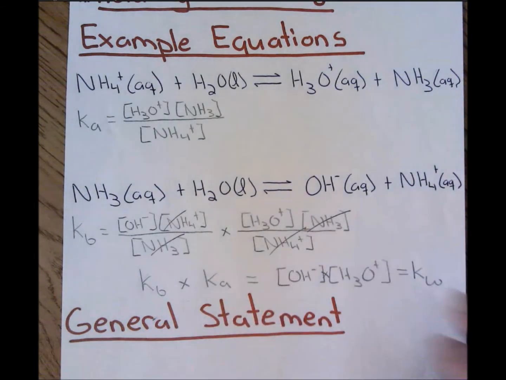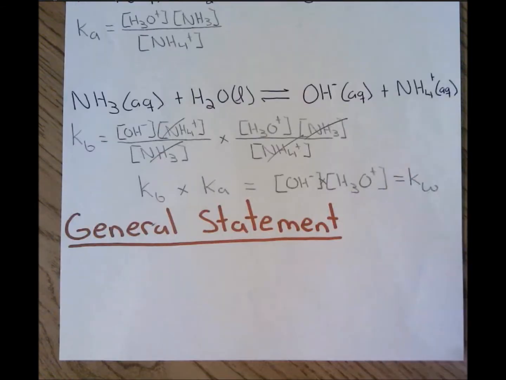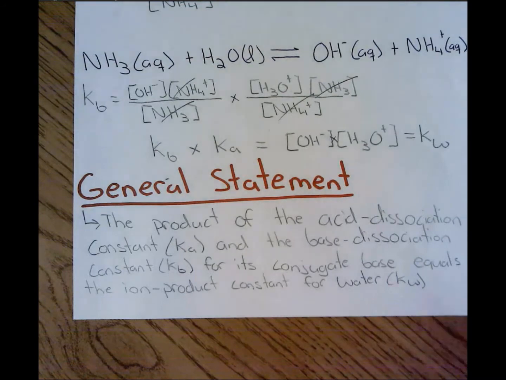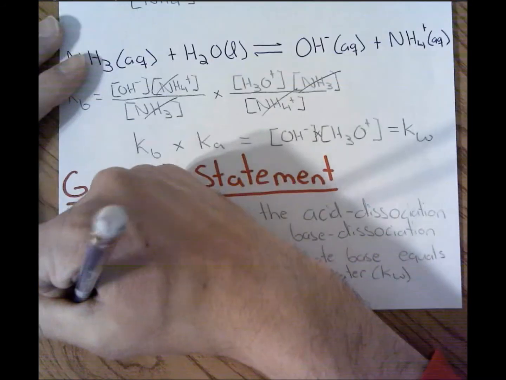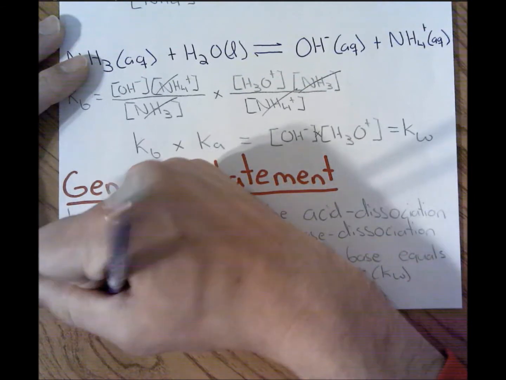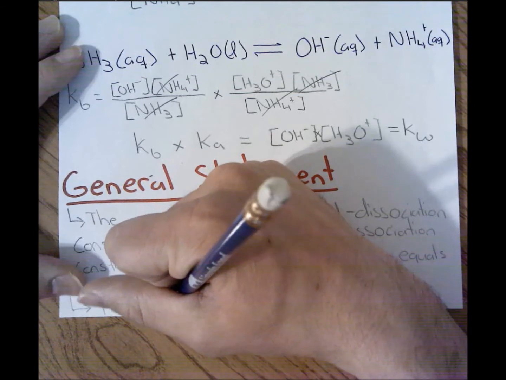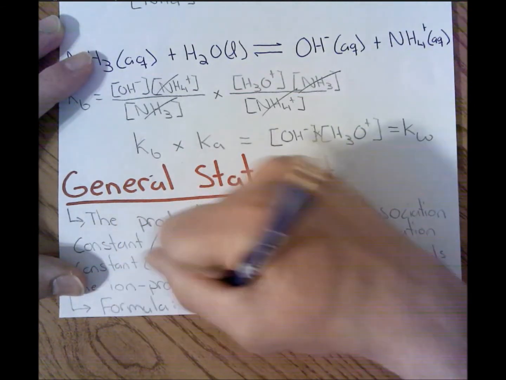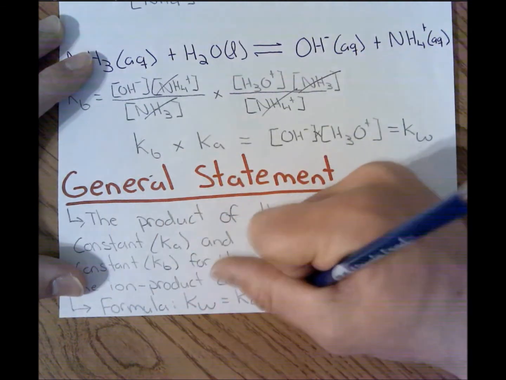That written definition is fine and dandy, but again, I like to see a formula. This general statement can be summed up as Kw equals Ka times Kb.